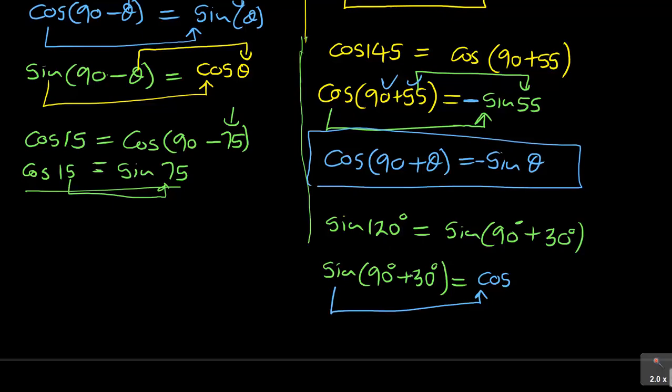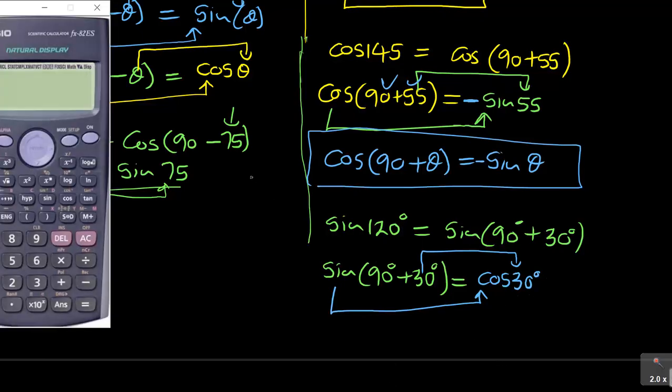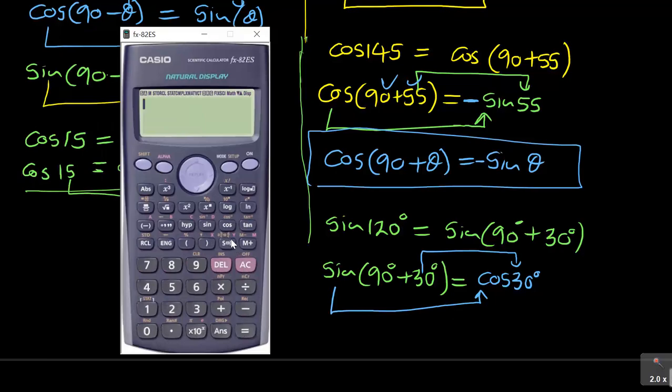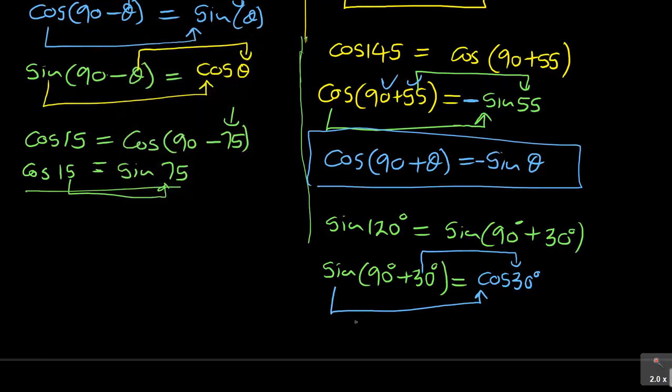So it's going to be cos, with the angle 30 degrees. Therefore, sine 120 degrees is equal to cos 30.